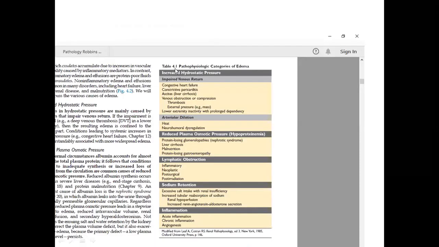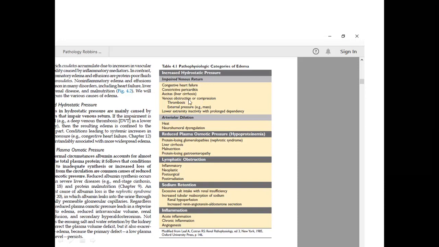So, you can see the pathophysiologic categories of edema. Increased hydrostatic pressure is caused mainly by impaired venous return. How does impaired venous return occur? Due to congestive heart failure, constrictive pericarditis, ascites, that is, liver cirrhosis, venous obstruction or compression, thrombosis, external pressure, for example a mass.